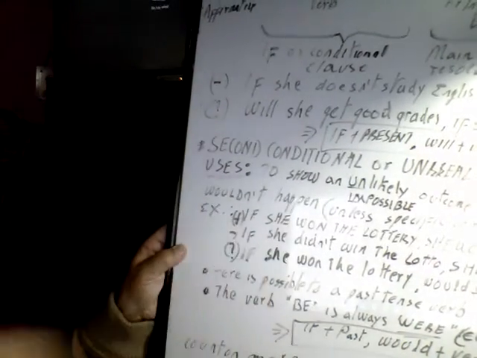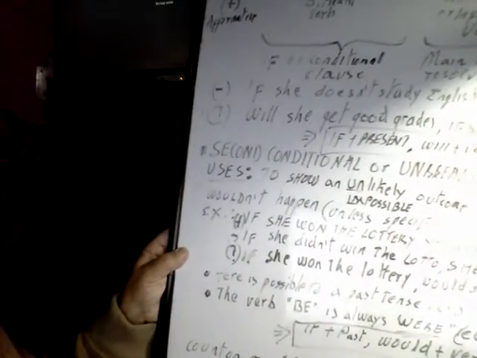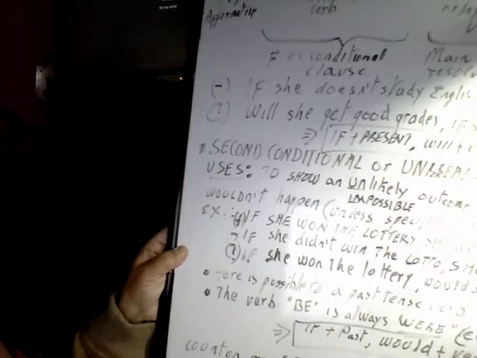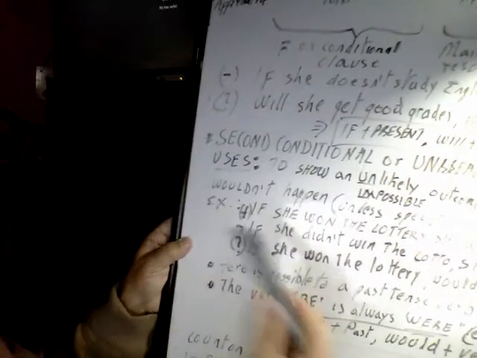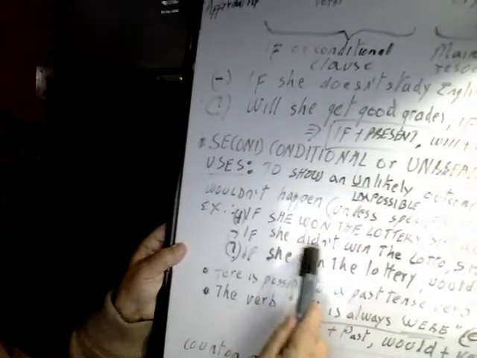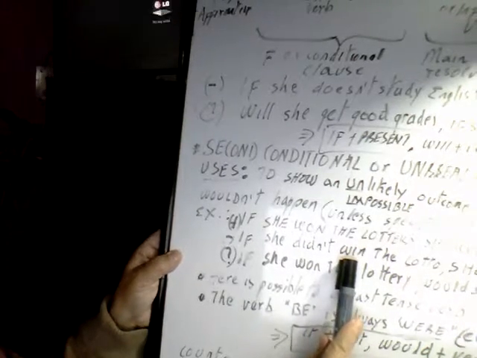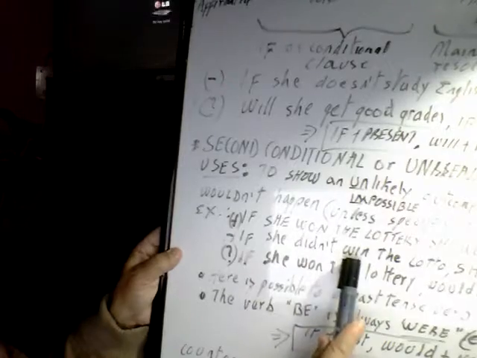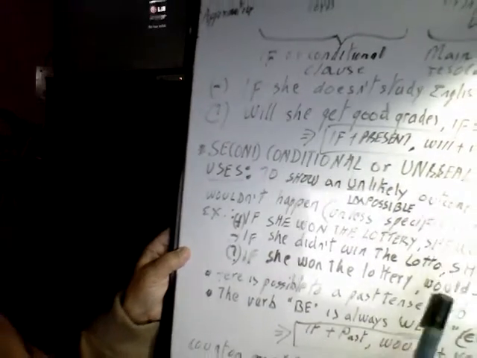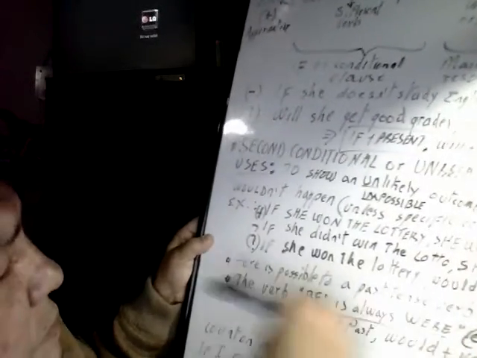Now if we would like to change this to the negative form, we write if she didn't, because we are in the past simple, didn't win, and we put the verb in the simple form. If she didn't win the lottery, she wouldn't travel abroad.